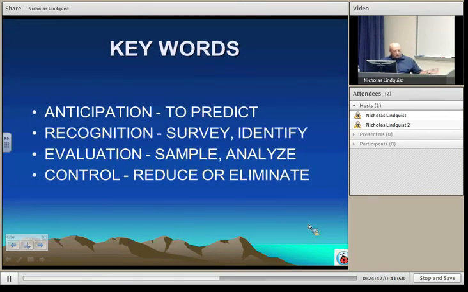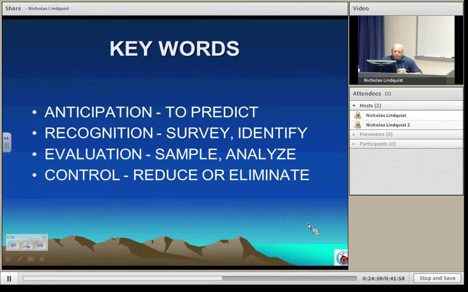For recognition, what we're referring to is where the industrial hygienist goes out and conducts surveys to identify the potential hazards associated with stresses or conditions out in the workplace.